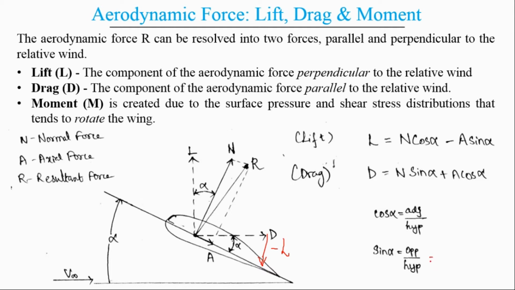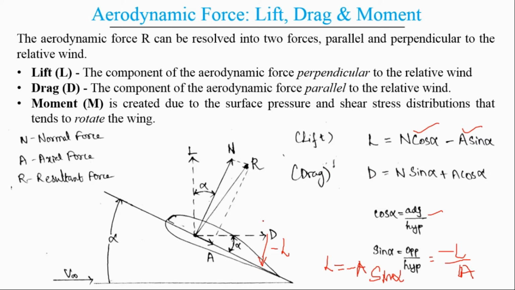So here, as per the trigonometry, sine alpha relates the opposite direction, which is negative lift, by hypotenuse. Hypotenuse over here is A. So if I require the general term lift, I can write it as minus, the minus goes to the left hand side, and multiply it by sine alpha. So this is how we obtain the second term. So when we add both these terms, this and this, we obtain the total lift acting on the airfoil.